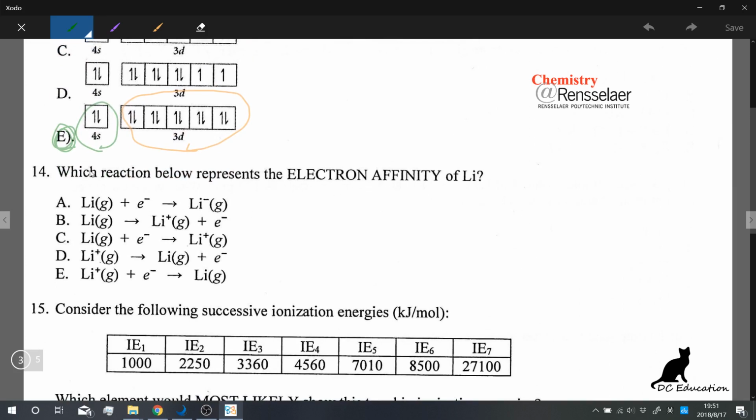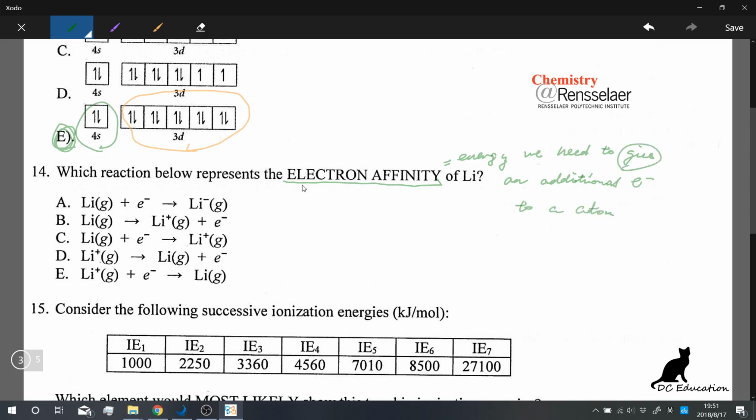As a regular question, it has 5 choices. Since there's really not much to talk about, if you remember what electron affinity is from your classes, it's actually the meaning of how much energy we need to give an additional electron to an atom.